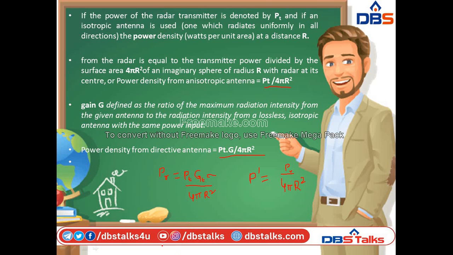Then what is the value of P complement here? Therefore P complement equals PT GT sigma by 4 pi r square whole square.